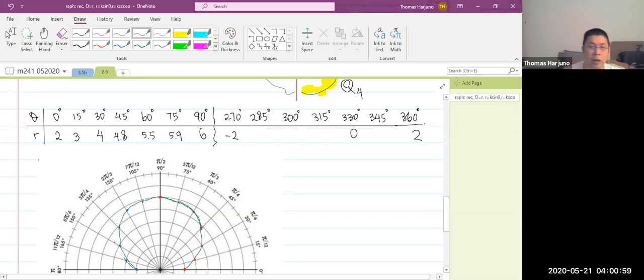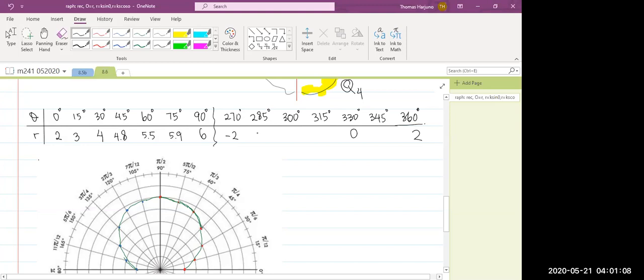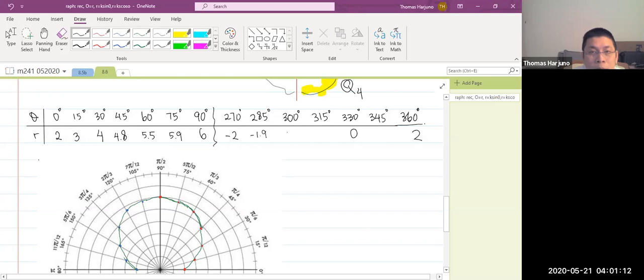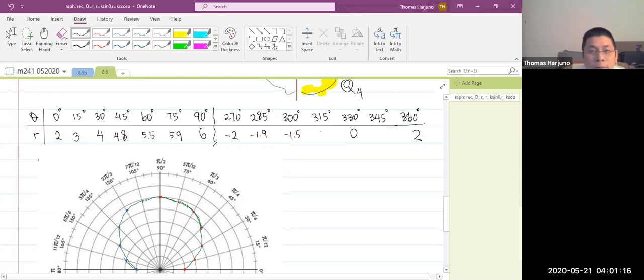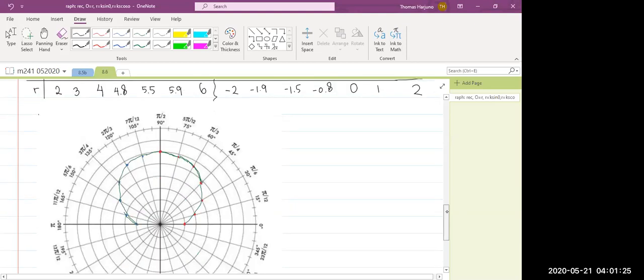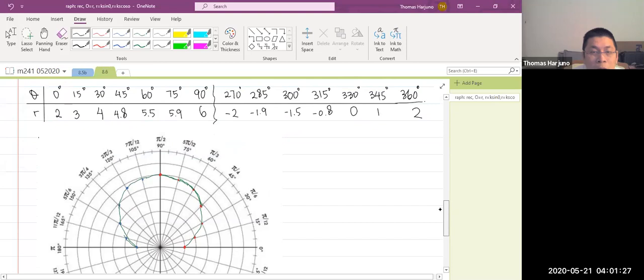Now what happened at 285 degrees? Negative 1.9. Negative 1.5. Negative 0.8. And then 0, and then I think it should be 1.0. Okay, so using those numbers, at 270 degrees, I shoot backward 2.